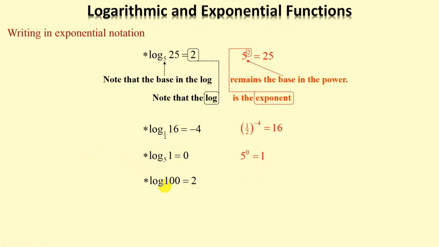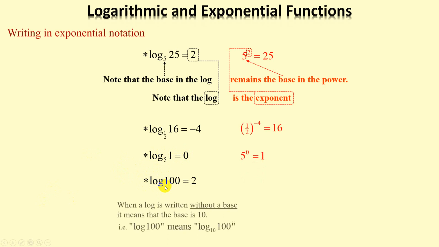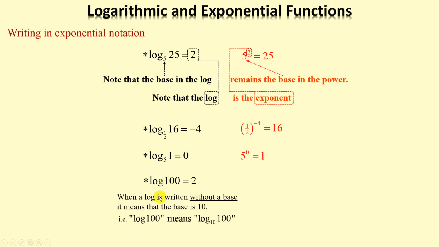It's taken for granted in maths that if there's no base written there, then it actually is base 10. So without base means that it's base 10. So log of 100 means log of 100 to base 10. So that means we've got base 10 to the exponent equals 100. And there's your exponential form.